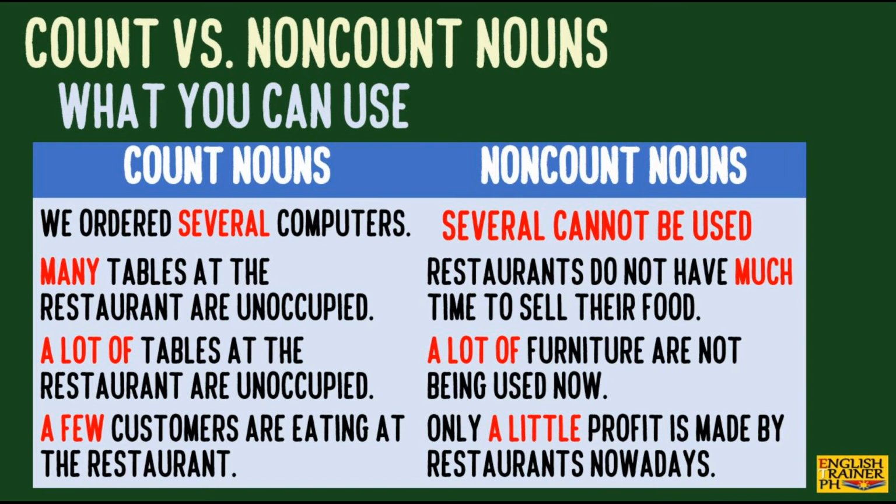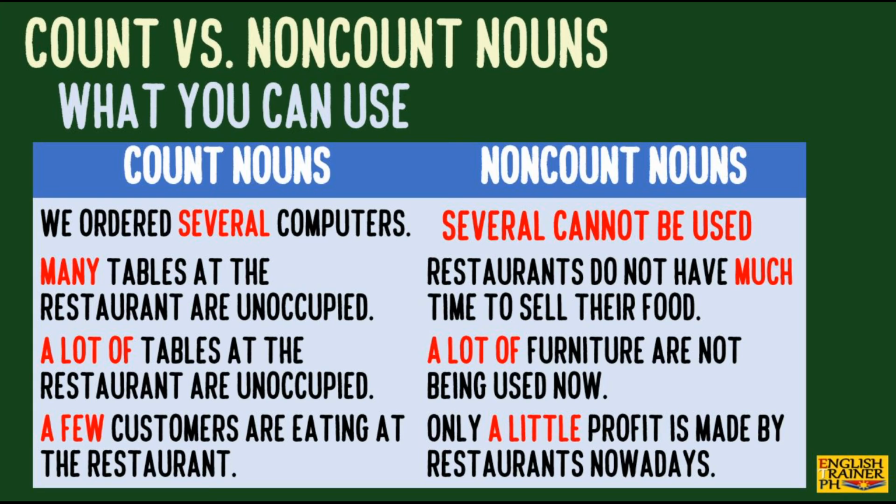For non-count nouns, several cannot be used, that's why this is blank. We can also use much, the same as count nouns we can use a lot of, and for non-count nouns, instead of a few, we can say a little.